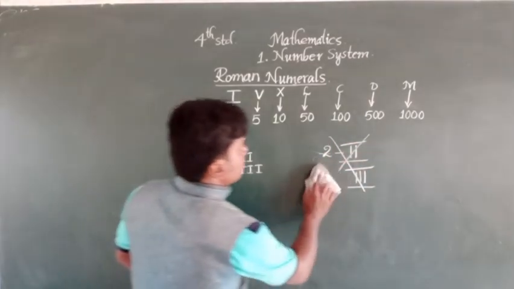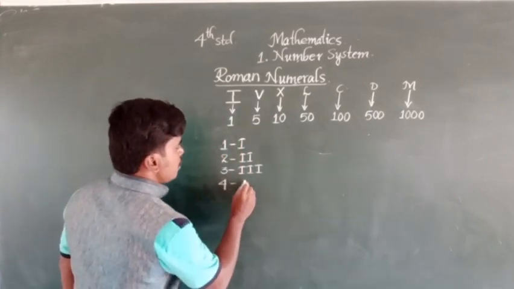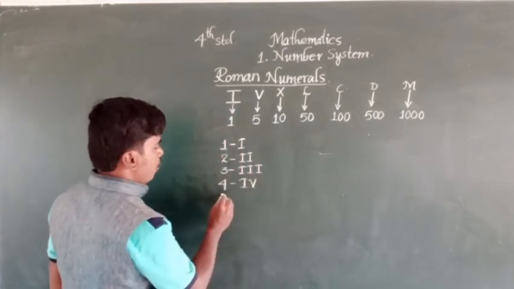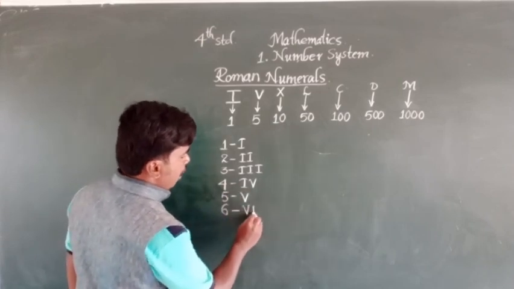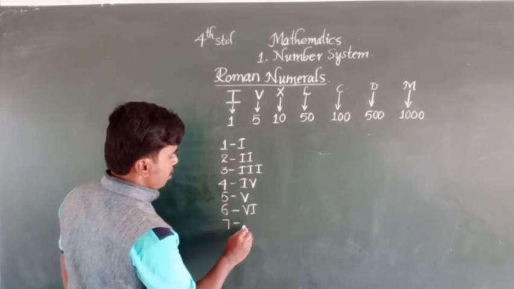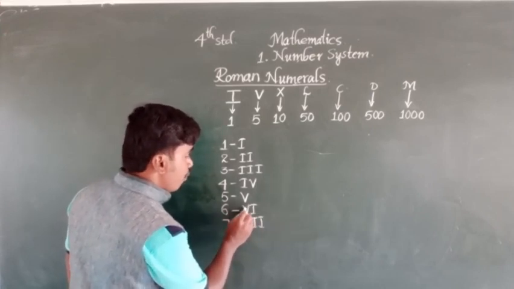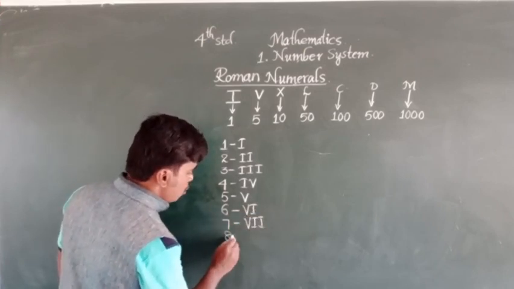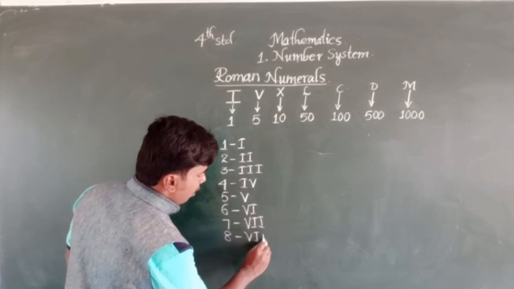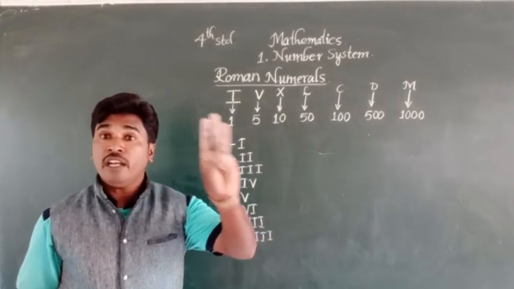So 4, it is IV. 5, V. 6, VI. 7, VII. For 6, 5 plus 1; for 7, 5 plus 2. 8, VIII. I can be repeated a maximum of 3 times.